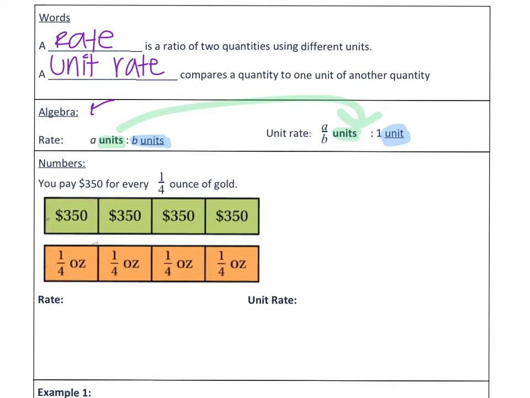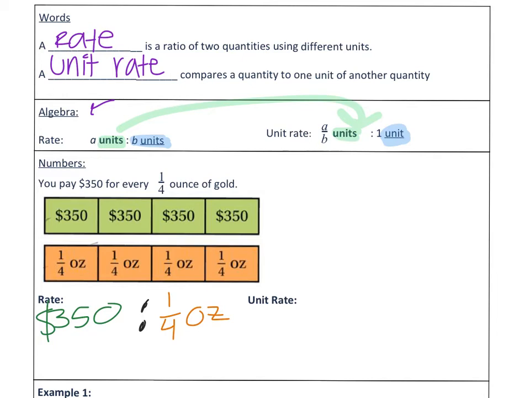Okay, so our rate is $350. Make sure you put your symbol there. To 1/4 ounce. Okay, so that's just our rate.